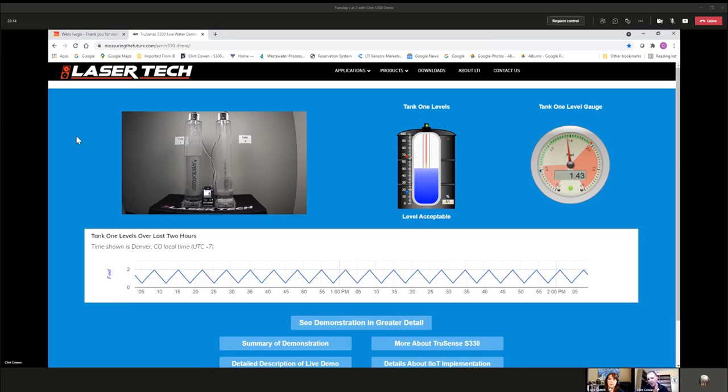We have this in North America, and we also have it in Asia. And we have a few chemical applications where people who are manufacturing chemicals are measuring the chemicals in large vats. We haven't had any food and beverage applications yet, but we expect to pick up some of those as well.